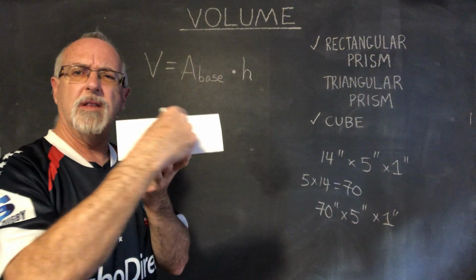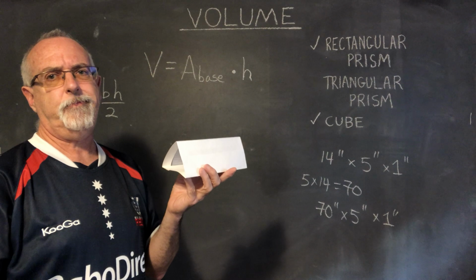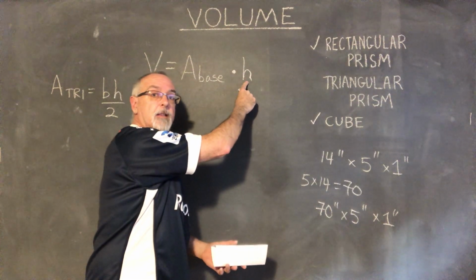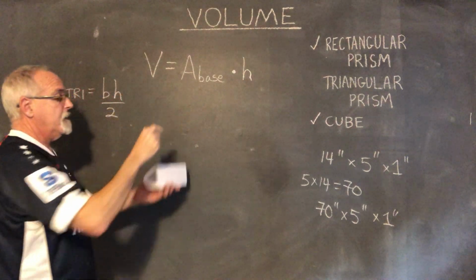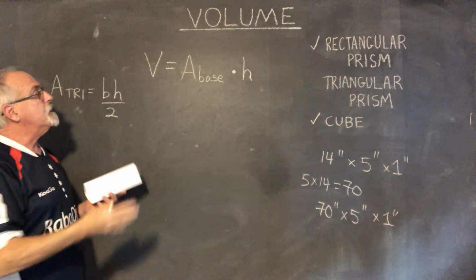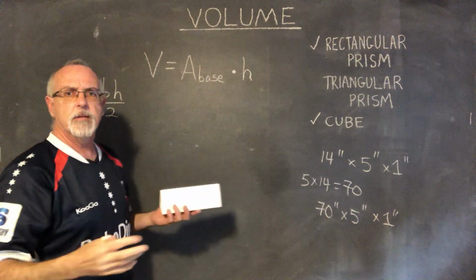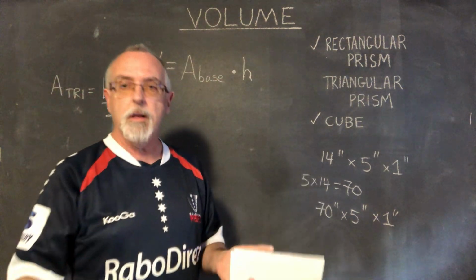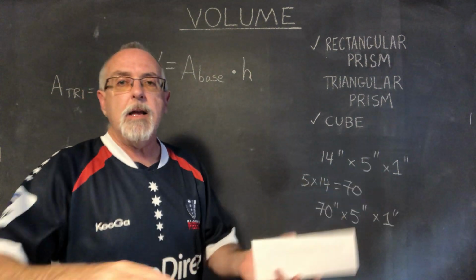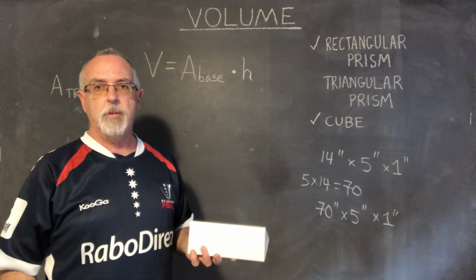But then we're also calling this the height. The length of the tube is the height in this formula, and the height of the triangle is the height in this one. The fact that this formula has two h's that mean two different things is one of the things that makes us need to slow down and practice it quite a bit, so we get the hang of it and we can't be confused by that anymore.